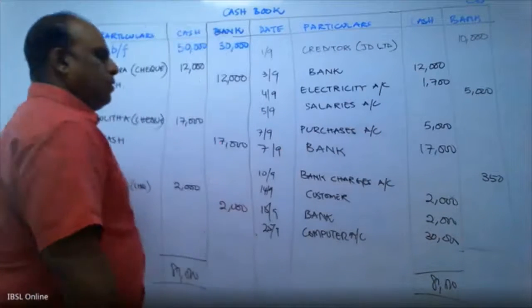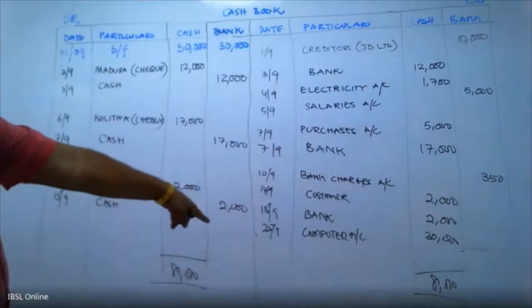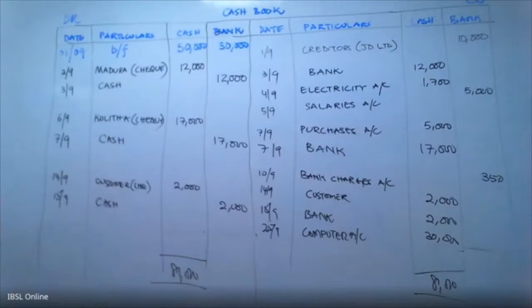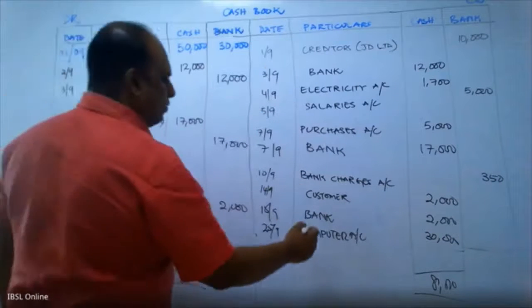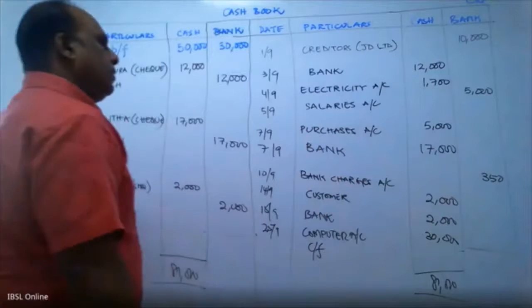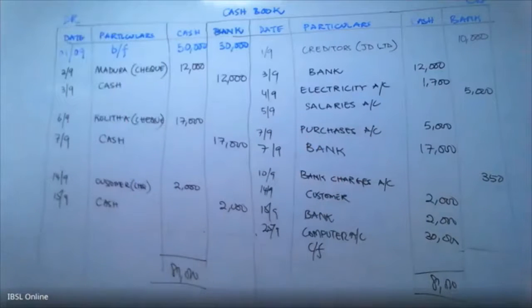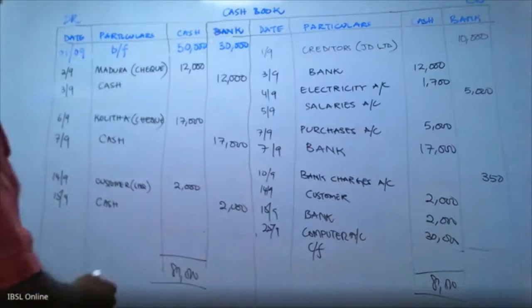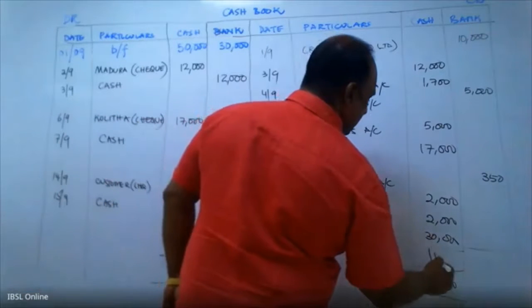Okay. So you have to continue, because I don't know whether you can see the bottom part of it. So when you put that, what is your carried forward balance? How much you get here? 11,300. Okay.